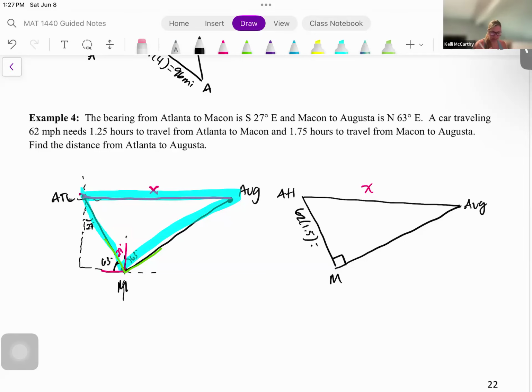Oh, sorry, it's 1.25, not 1.5. 62 times 1.25 is 77.5 miles.